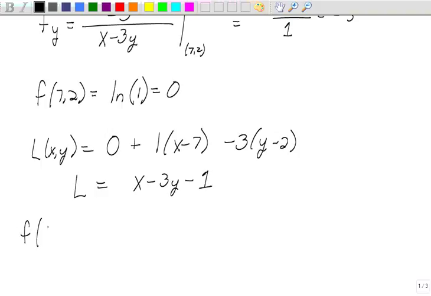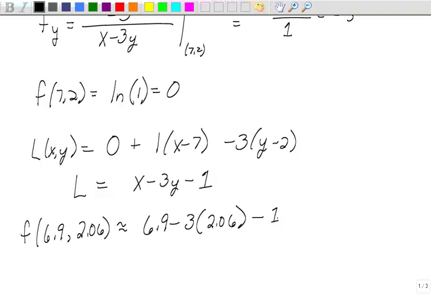So I want to approximate f of 6.9, 2.06. Again, notice that's close to 7, 2. So if we use the linear approximation, that's going to be 6.9 minus 3 times 2.06 minus 1. I'm using this equation right here, and that's going to be negative 0.28. So that's the approximate value of f at that point.